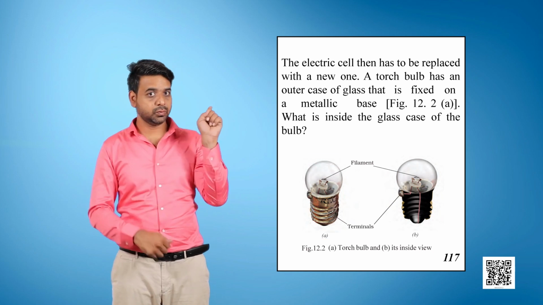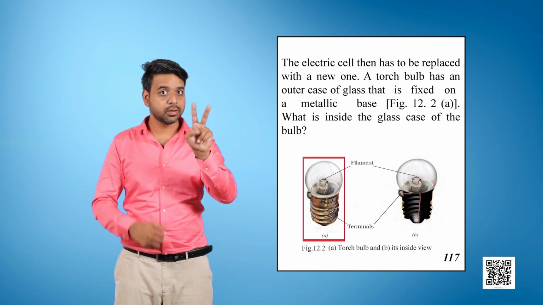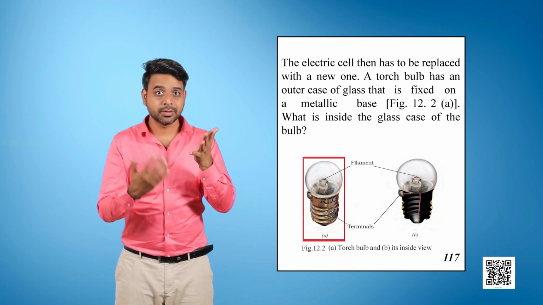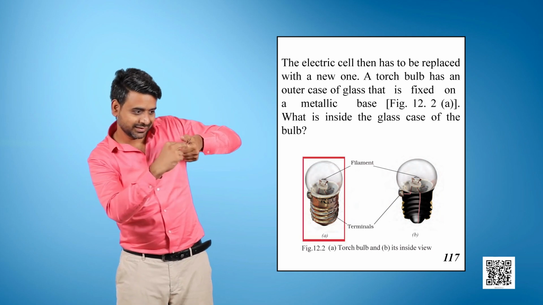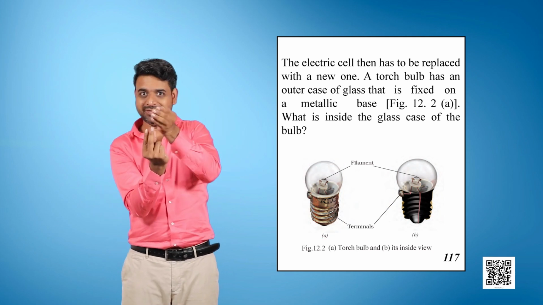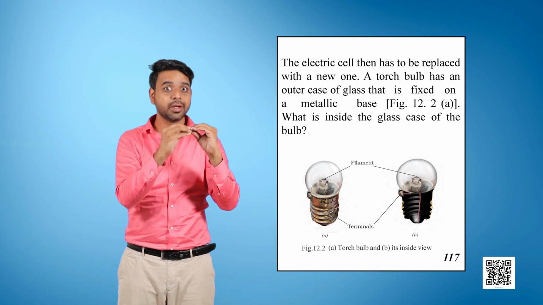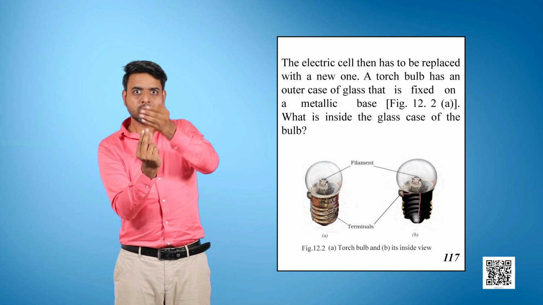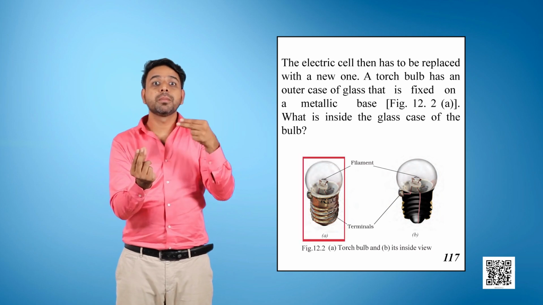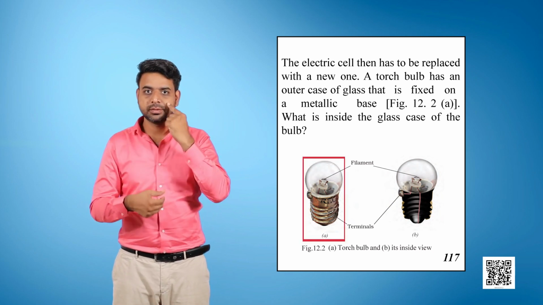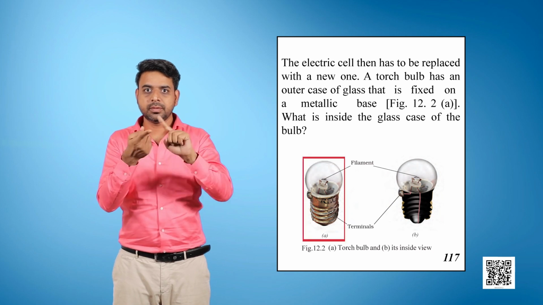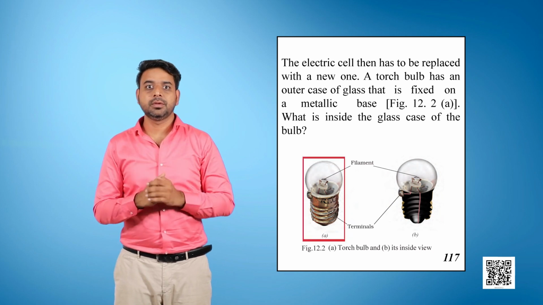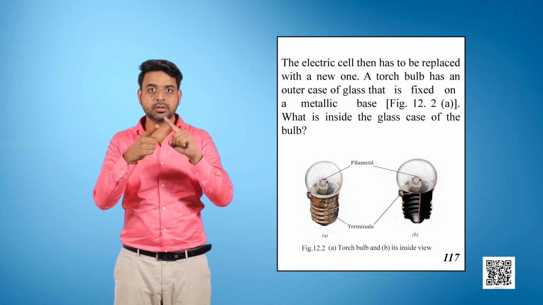Figure 12.2a shows a torch bulb and Figure B shows its inside view. That is a filament and terminals.